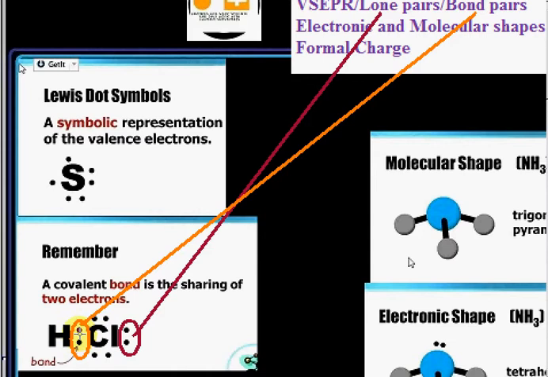So their orbit would be greater, and they wouldn't repel the lone pairs as much. To recap then, the lone pairs will repel each other a lot more than a lone pair will repel a bond pair. That's the essential point, and that has an influence on the shape of the overall molecule.